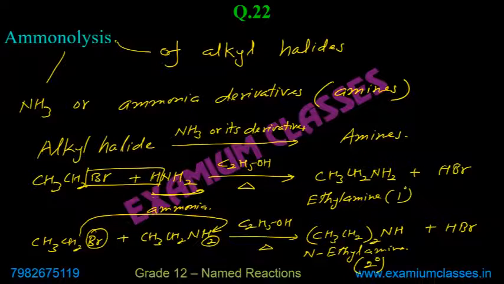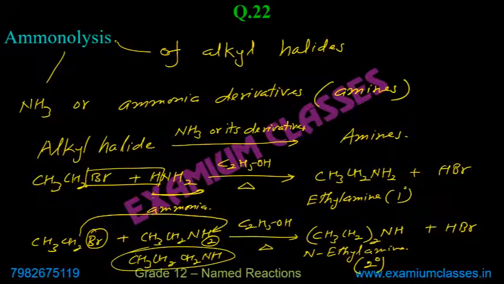In that case, that will get attached. The mechanism will remain the same. Whatever I have done, for example, I have removed HBr and the rest got attached. It will be the same thing. Suppose in place of this one, you take CH3CH2CH2NH2. In this case, this group will get attached here. Clear?